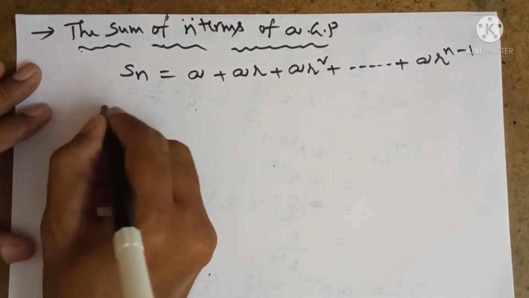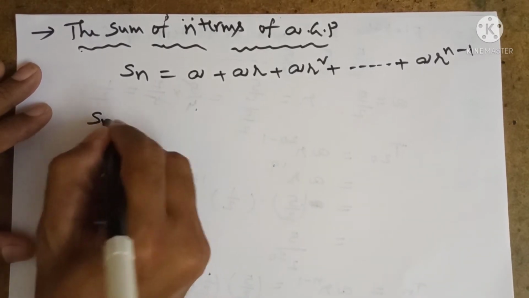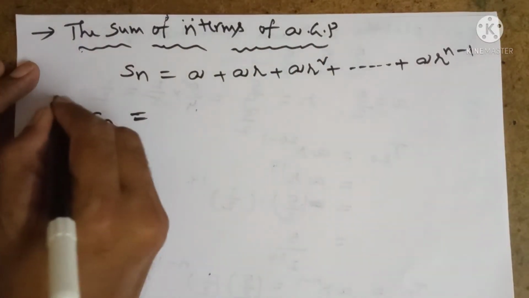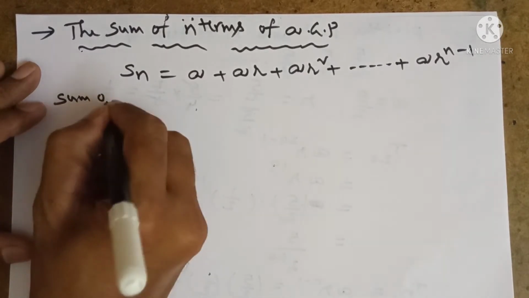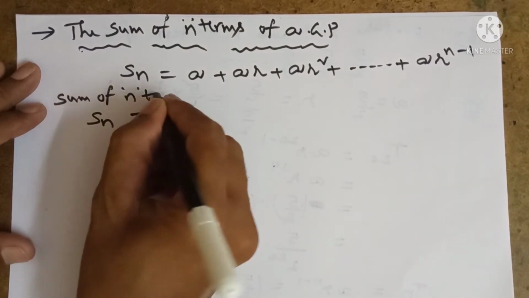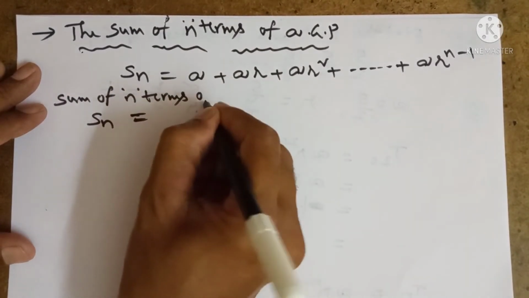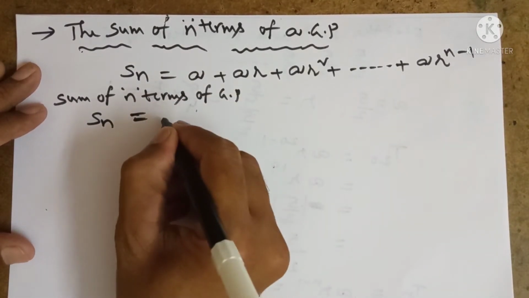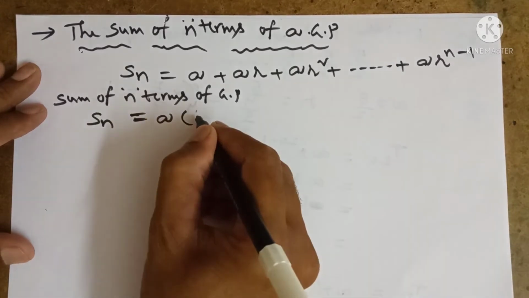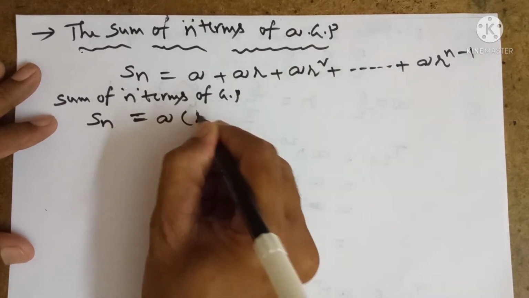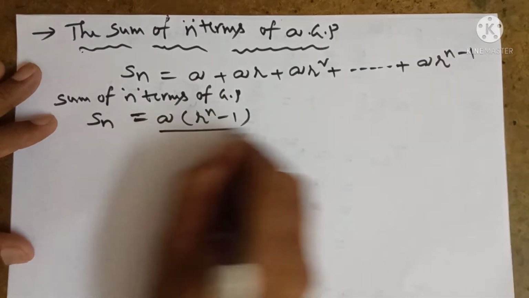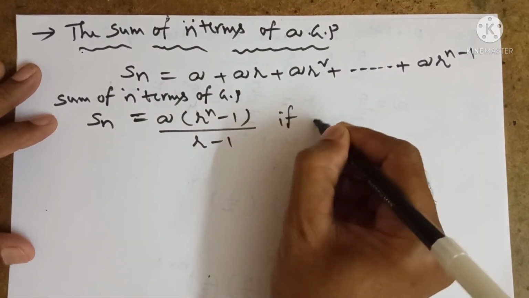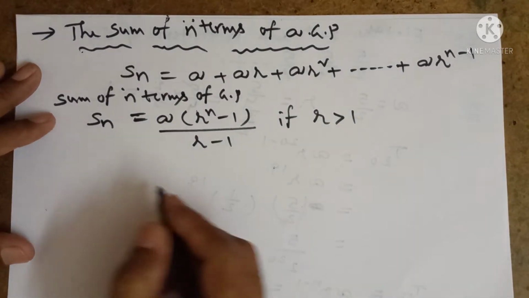Now Sn, the sum of n terms of GP, formula: Sn is equal to a into r to the power of n minus 1 by r minus 1, if r is greater than 1.